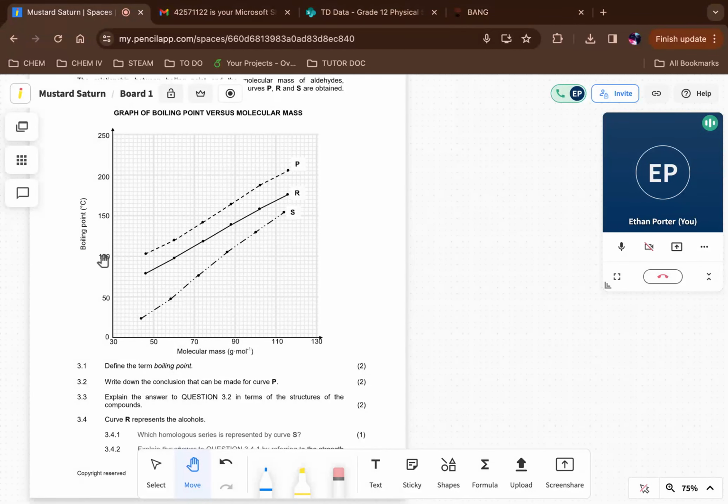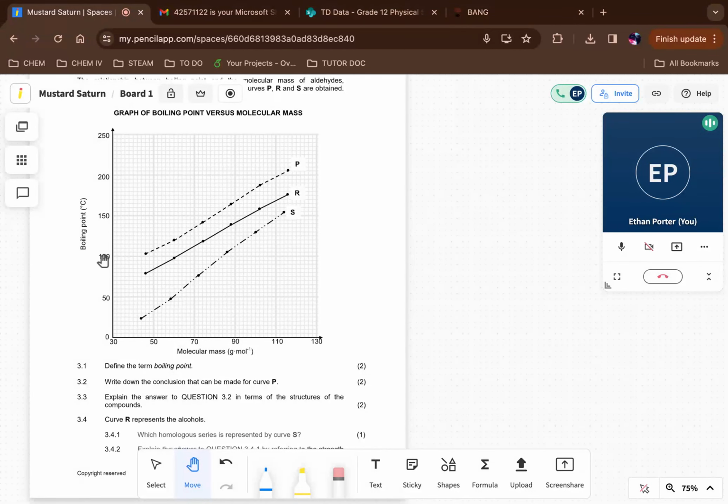So what we can see is as our molecular mass increases, the boiling point also increases. So that's all you need to say for question 3.2. As molecular mass increases, boiling point increases. That's the conclusion from curve P.